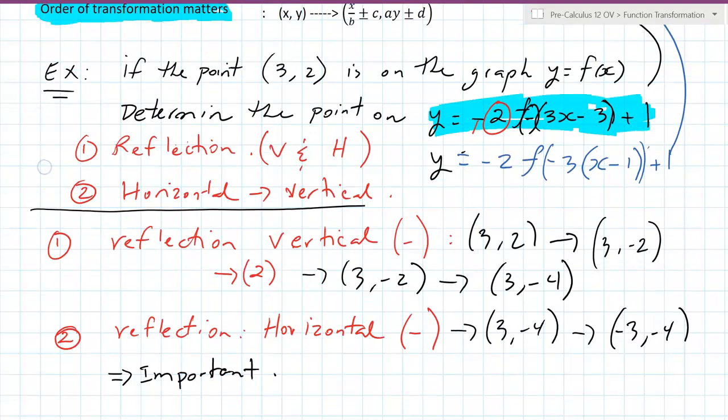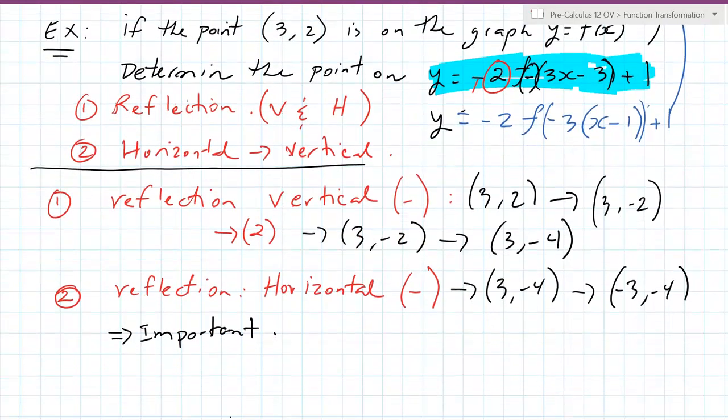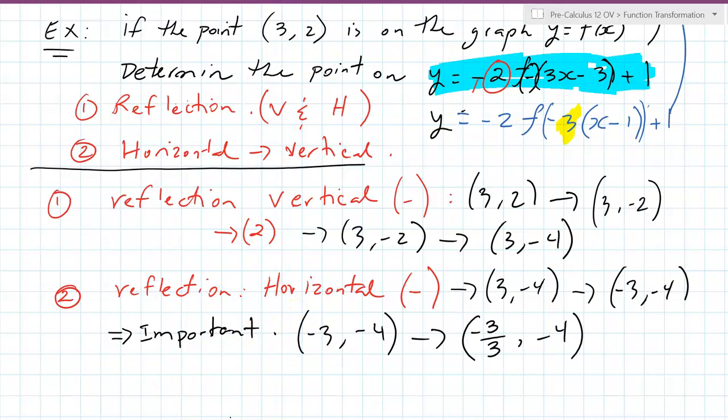Now we can say, what does 3 do? Okay, so important. Now we have the 3 we're going to deal with. This 3 is the horizontal compression by a factor of a third. That means now we're going to divide the x value by a third.